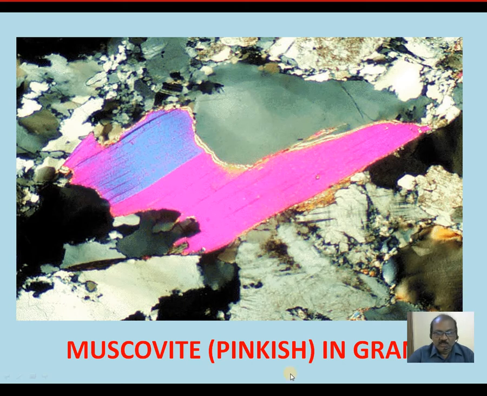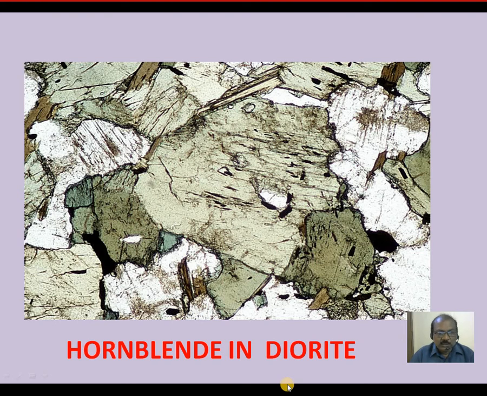This is muscovite. Hornblende, pale greenish color. The entire thin section is occupied by pale greenish color. That is hornblende. This is obtained from the sample diorite.